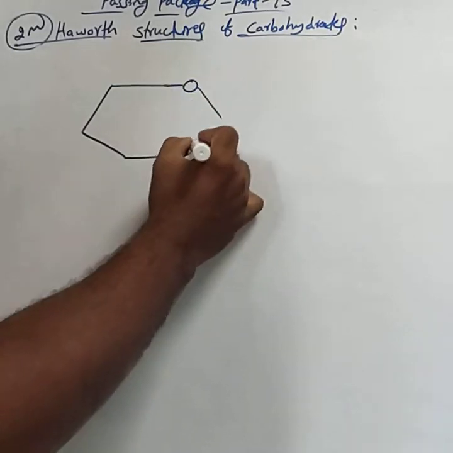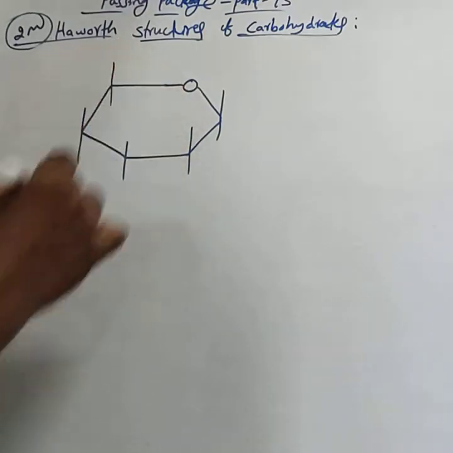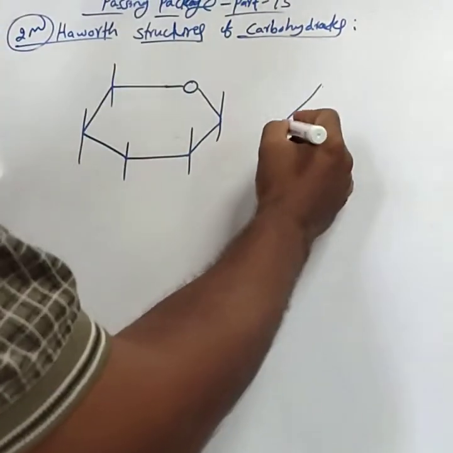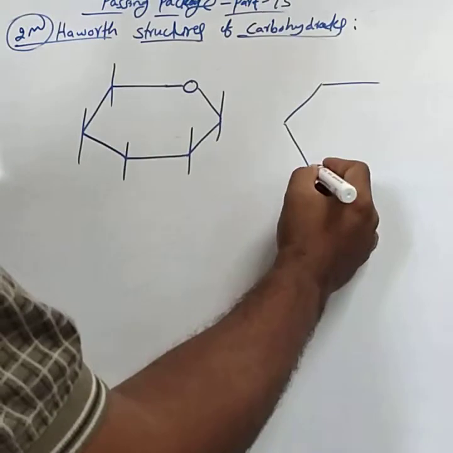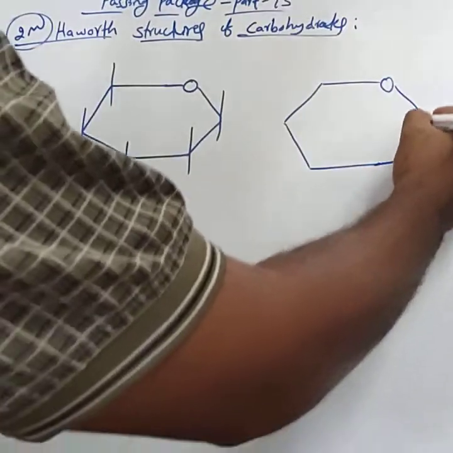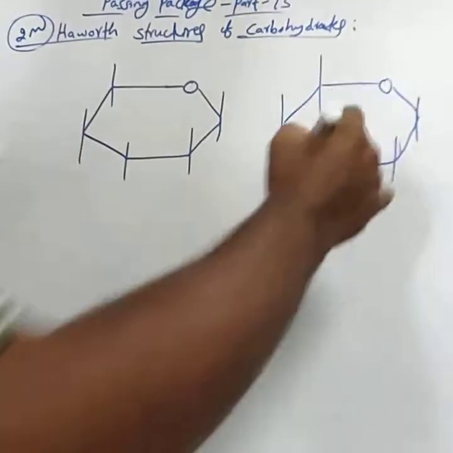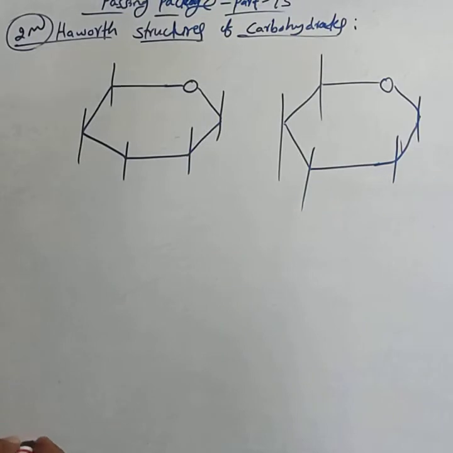Maltose is made up of 2 alpha D glucose units. Hence, first write the Haworth structure of the glucose. These are the 2 alpha D glucose units.